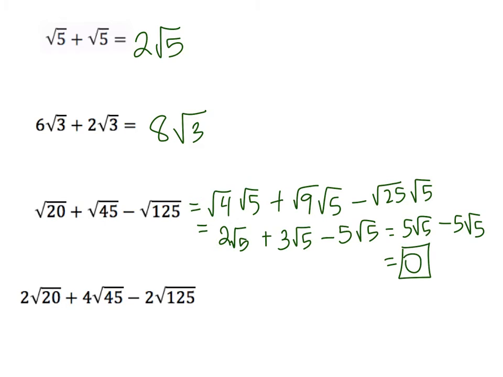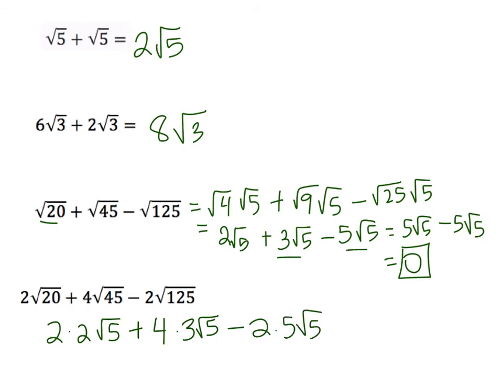Looking at this last one, now we actually have numbers in front. So we'll just have to go that one extra step to multiply the numbers also. It's the same thing. This is going to become 2 root 5, right? We said square root of 20 is 2 root 5. So we have 2 times 2 square root of 5, plus 4 times square root of 45, which we said was 3 root 5, minus 2 times 5 root 5.